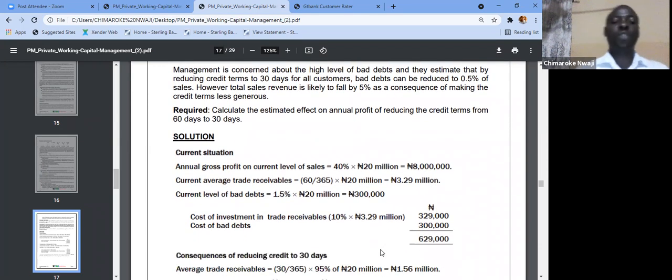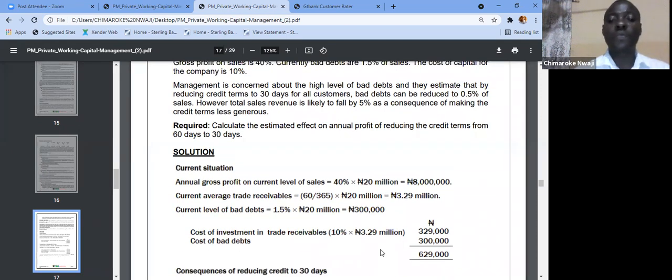Look at the current situation here. The gross profit on current level of sales, which was 20 million, 4% of that will give you 8 million. And the current average trade receivables, we are taking 365 days in a year, 60 over 365 days of this 20 million sales, it means your receivable stands at 3.29 million.